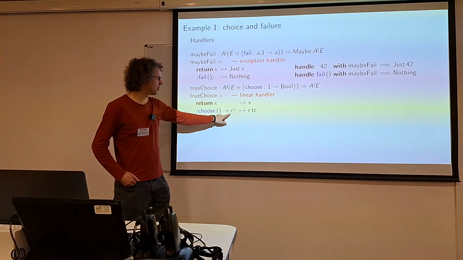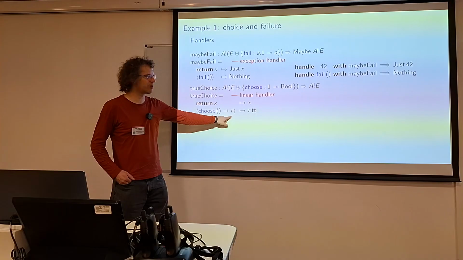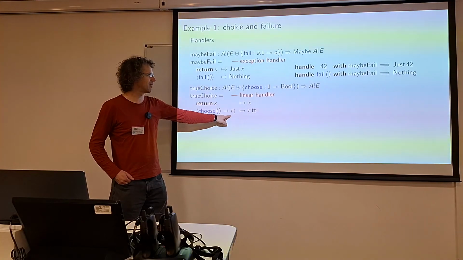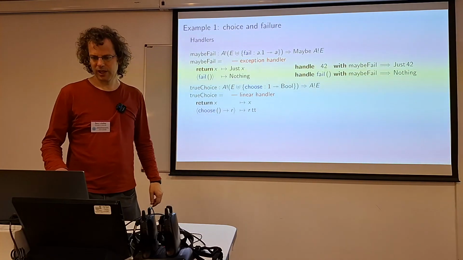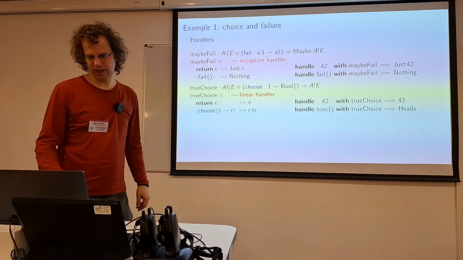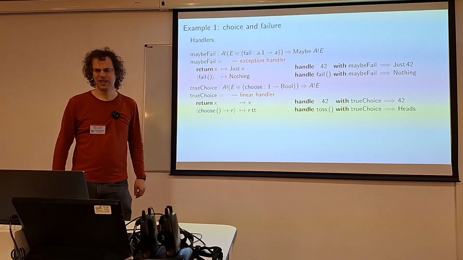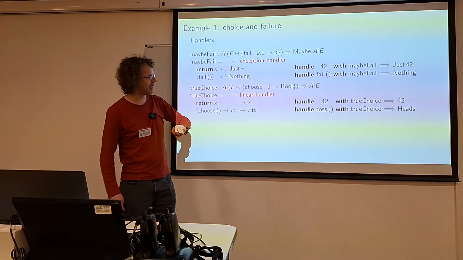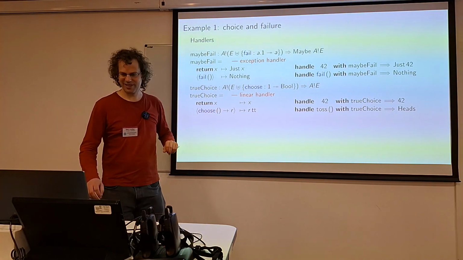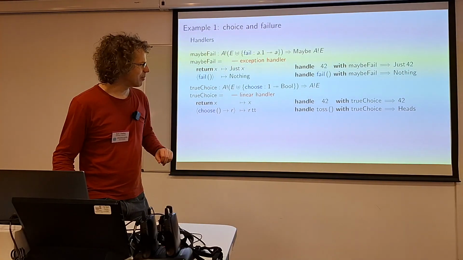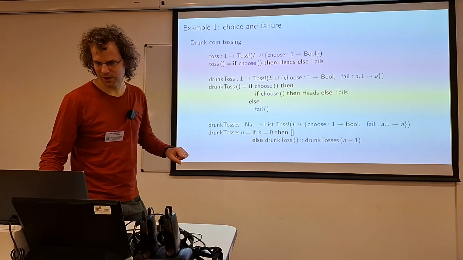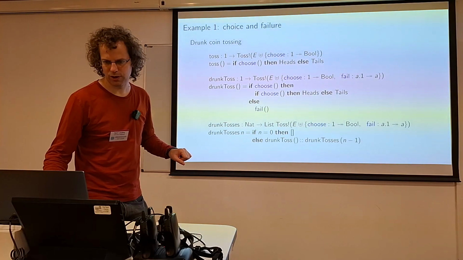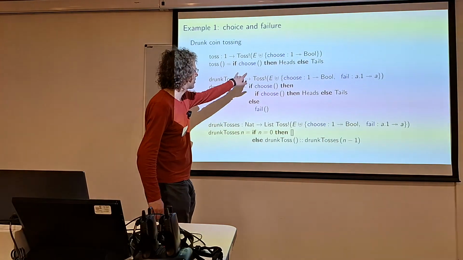But here's where you get the resumption, remember, and this represents the rest of the program after the choose. So if you did, yeah, I must admit the examples I'm giving here are a bit simplistic because I'm only doing a toss. So let's go back to, I'll just show you what that definition was. No, okay, I guess it's all right.